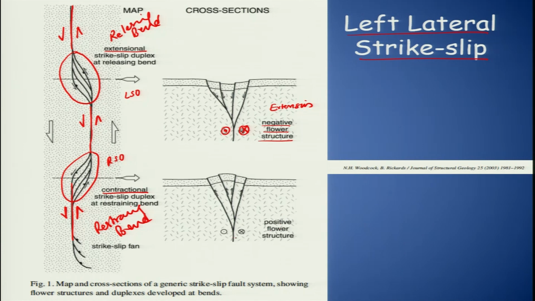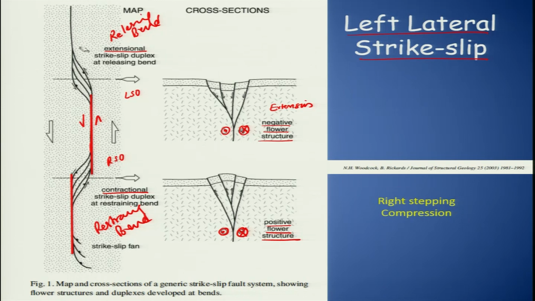So in this case, you will see again, this block is moving towards you, this is away from you, you will see positive flower structure. So you have right stepping here, so you see compression, and this one you see left stepping, so you will see extension.